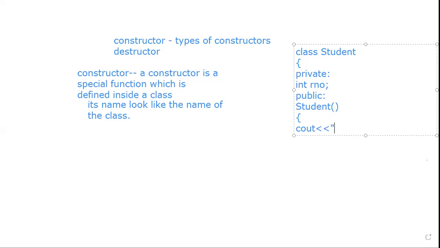The constructor will give the message "object added." And then I'm calling the constructor and calling the class. So when you see this, my class student contains one private member data and one constructor, which will help us display the message.